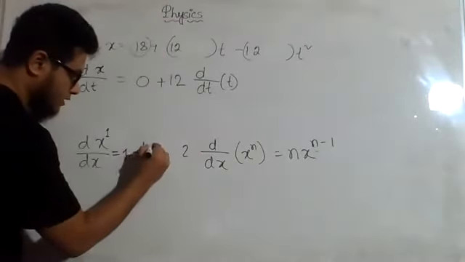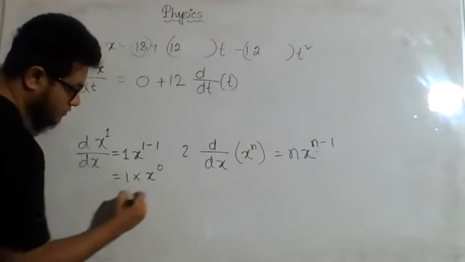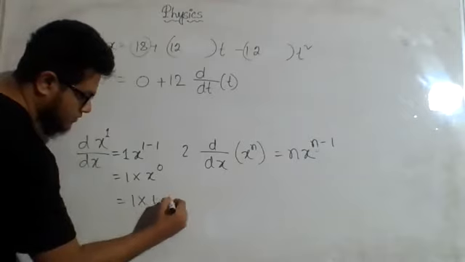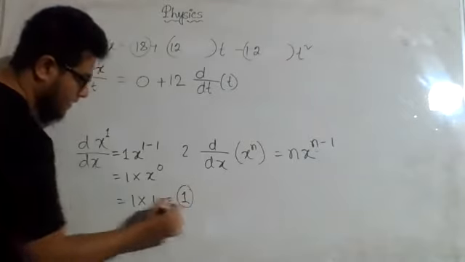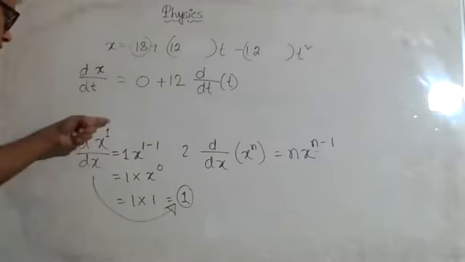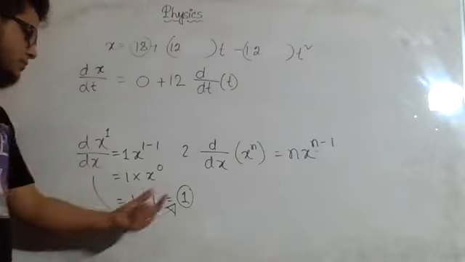So 1 will be reduced by 1. So 1 into x to the power 0, and anything to the power 0, we know it is 1. So 1. This is the way to keep it in your mind, okay? Not that it cancels out and we can write 1. This is the way.